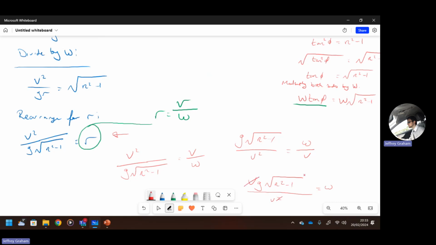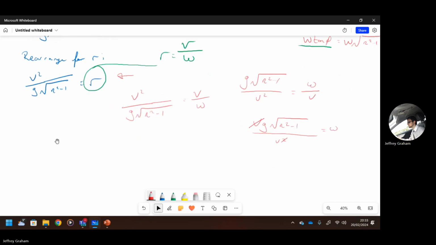That will cancel its power out. So our end equation here, let's say g, the acceleration due to gravity, multiplying the square root of the load factor squared minus 1, over the speed of the aircraft, will give you your rate of turn. Remember, rate of turn is in radians per second.